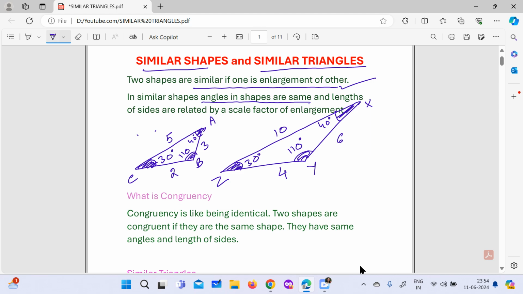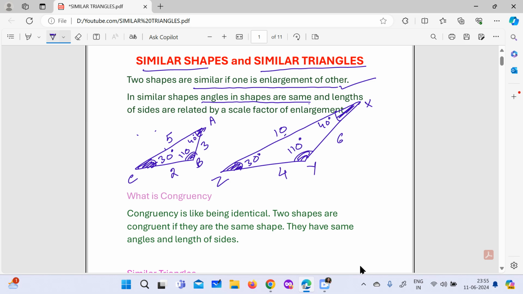Now we will see that the lengths of the sides are related by a scale factor of enlargement, or you can also say the lengths of the sides are in proportion. If you look here, this side AC is 5 and its corresponding side. Whenever we use the word corresponding side, it means the matching side.